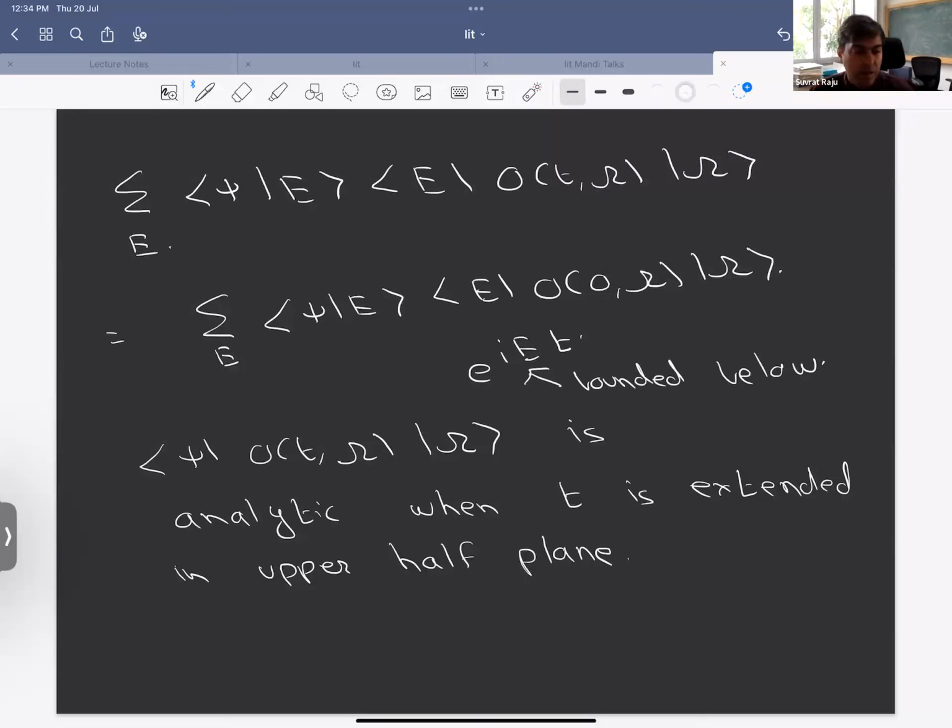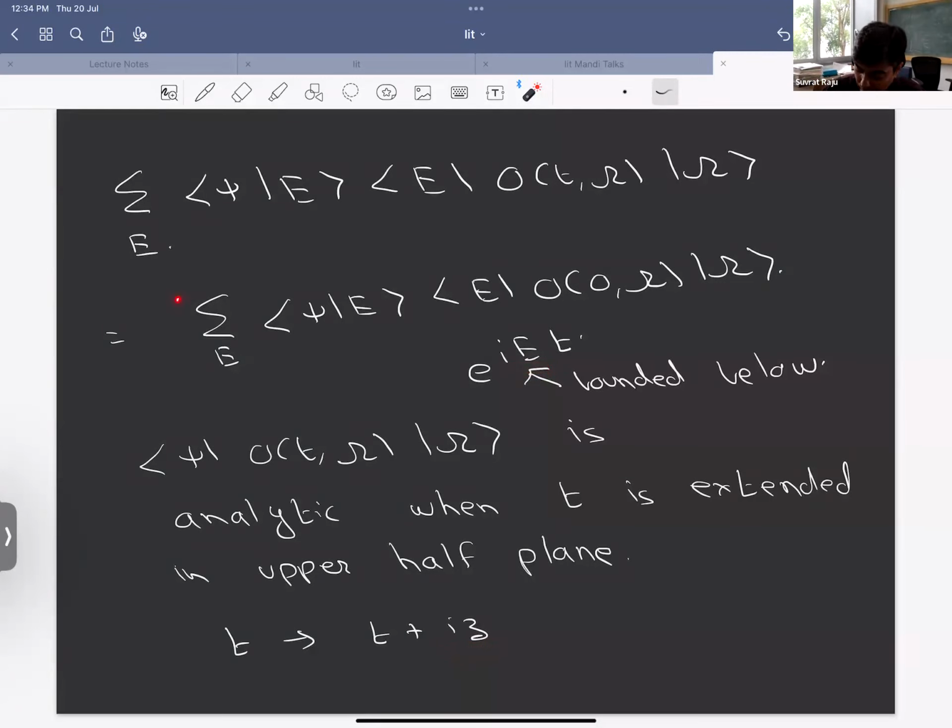As a result, this matrix element is analytic whenever t is extended in the upper half plane. Is that clear? Because if you take t to t plus iz, then this factor combines here and gives you some factor that dies off at larger and larger energies.